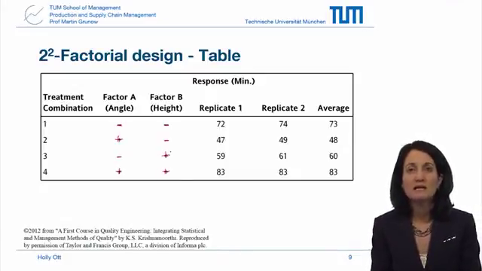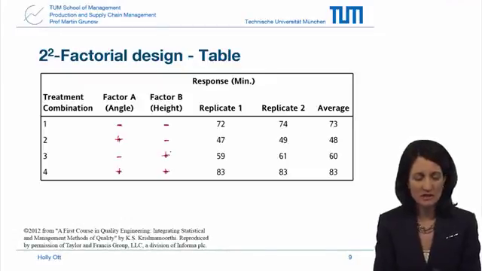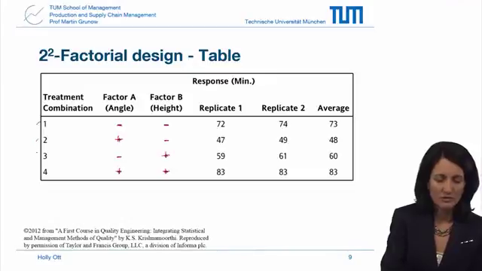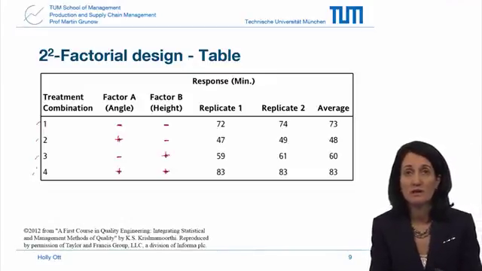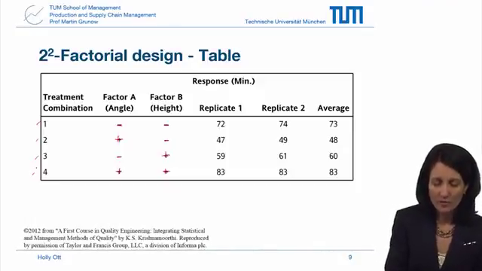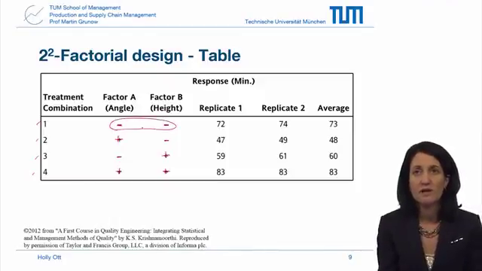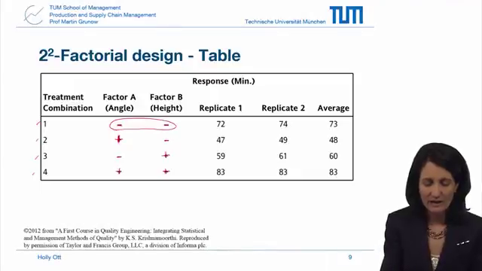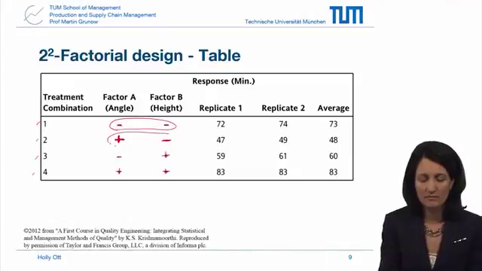The design is to run the experiment at the 4 treatment combinations numbered 1, 2, 3, and 4. Now, for example, in treatment combination 1, we have both factors at the low level. In treatment combination 2, we have factor A at the high level and factor B at the low level, and so forth.